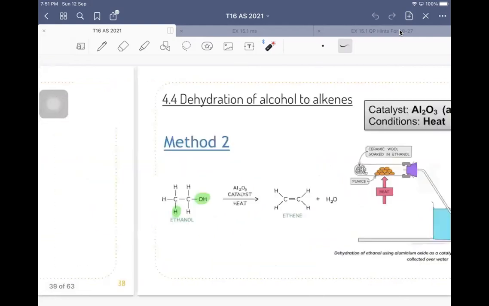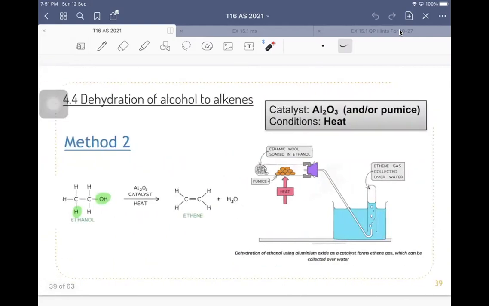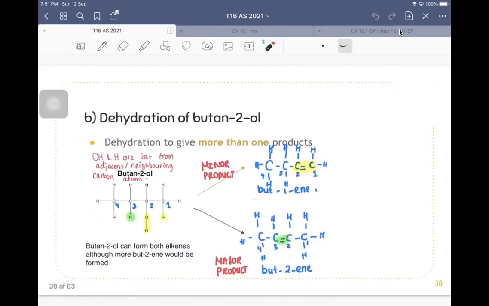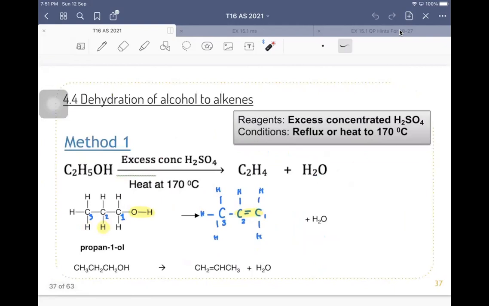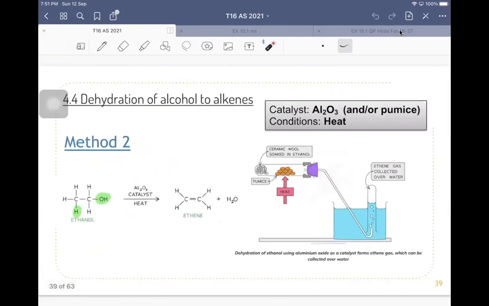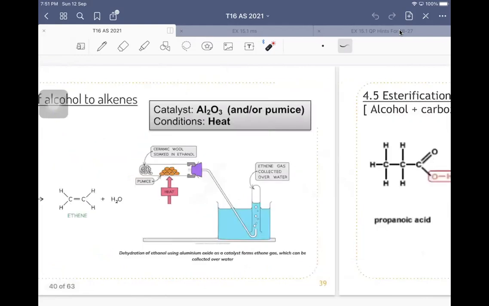There are two methods for the dehydration of alcohol. The first method is using concentrated sulfuric acid and heating it under reflux up to 170 degrees Celsius, or you can just use heated aluminium oxide as the second method to dehydrate your alcohol to form an alkene.